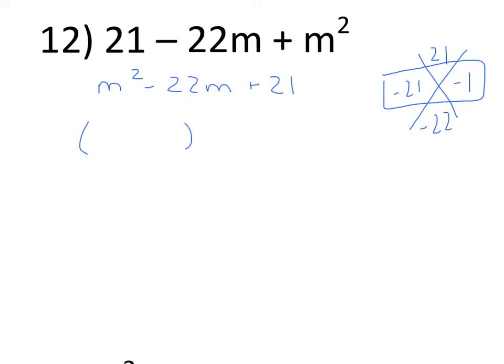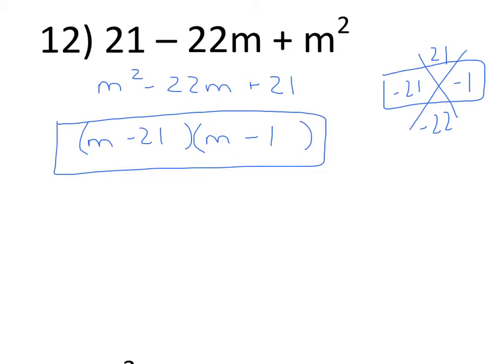Again, I'm going to go ahead and break my m squared to m and m. And I've got a -21 and a -1. And that's my answer. Now keep in mind, if you're not 100% sure, you can always FOIL this out and make sure that you are getting the same answer that the original problem was.